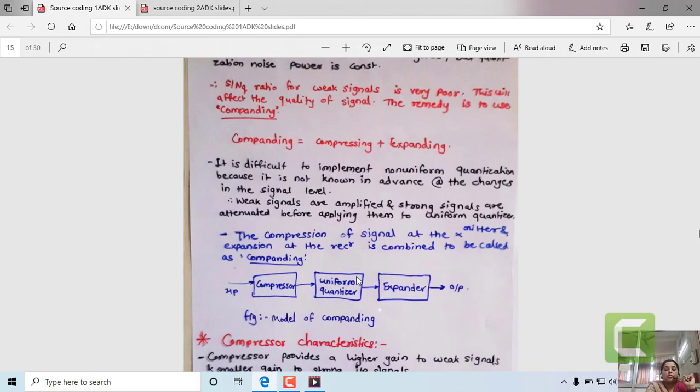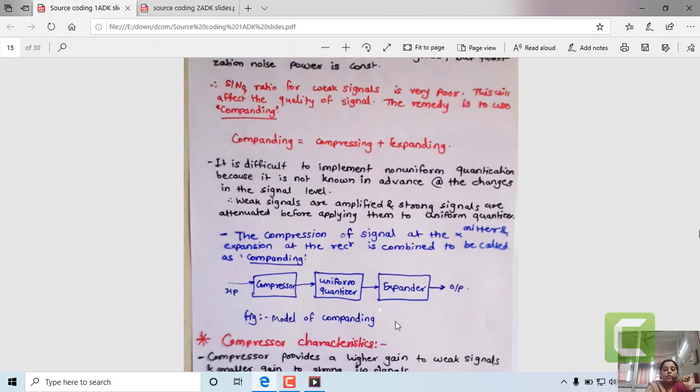Uniform quantization of the compressed signal is carried out, and on the receiver side the expander block has to be implemented, and in this way the original signal is recovered as the output from the expander. So this is the model of the compounding process.